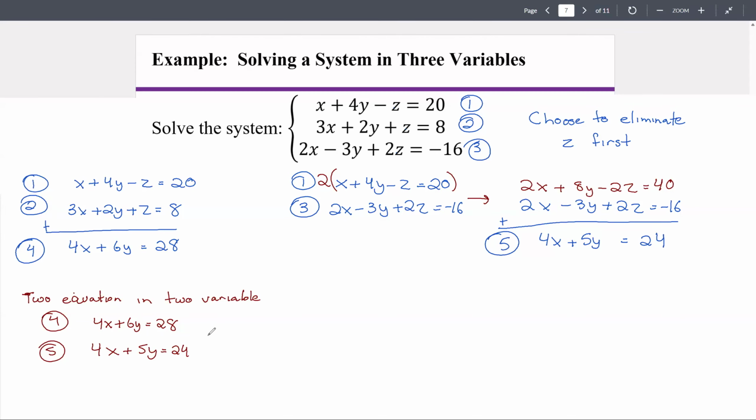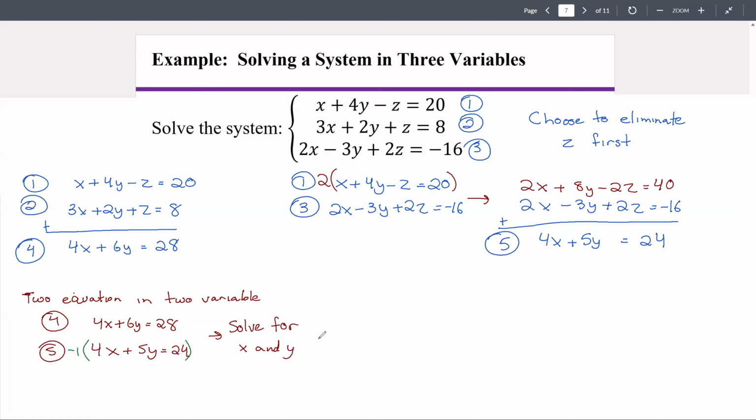All we're going to do from here is solve for x and y. We already know how to do this part. We have a 4x and a 4x, so if I multiply, just pick one of these, let's multiply this all by negative 1.